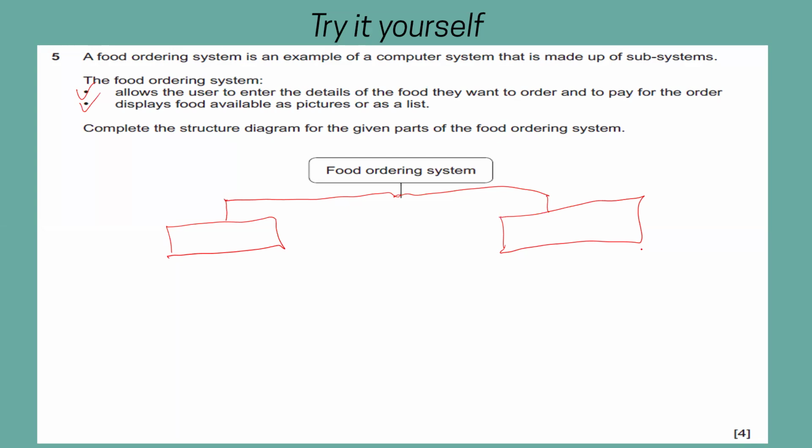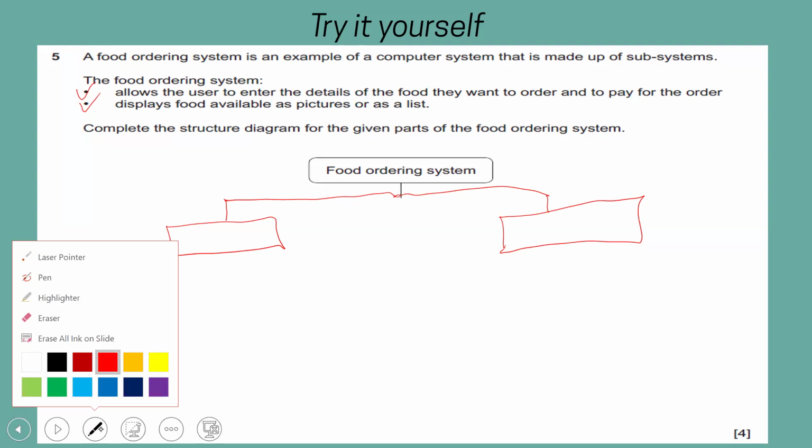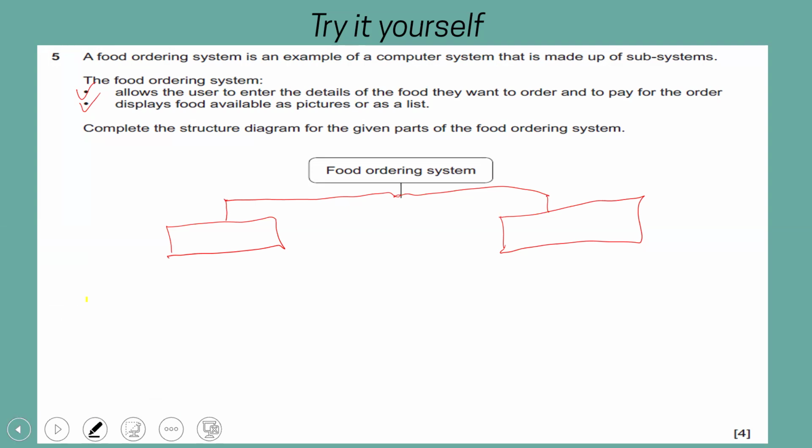The second layer is allow the user to enter the details of the food they want to order and to pay for the order. Okay, let me highlight it for you people. So you will have a little understanding of what we are basically talking about.